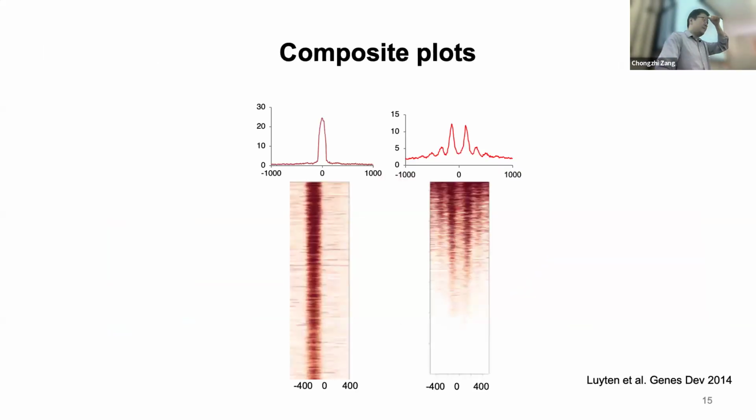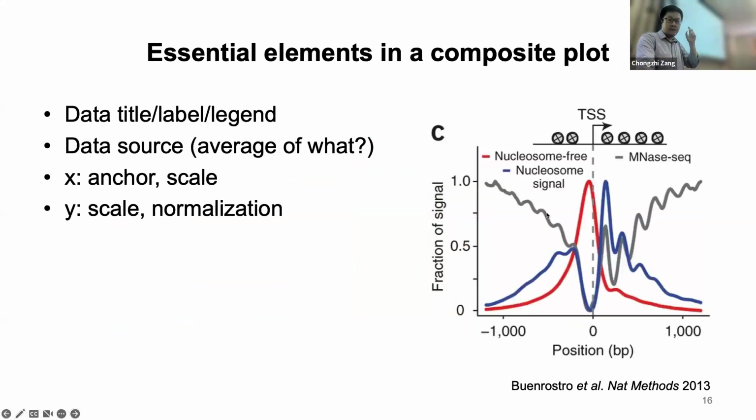So we're talking about this composite plot. What are the essential elements? First, of course, always the data type and what sample we're looking at. We always need to label and put the title and the figure legend.